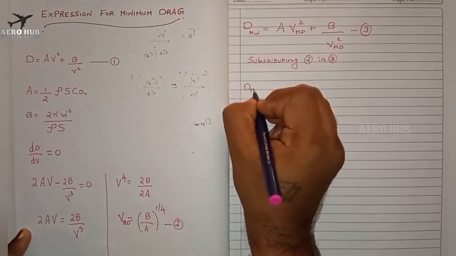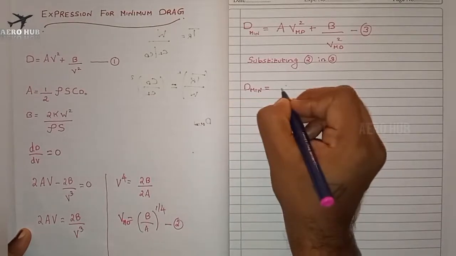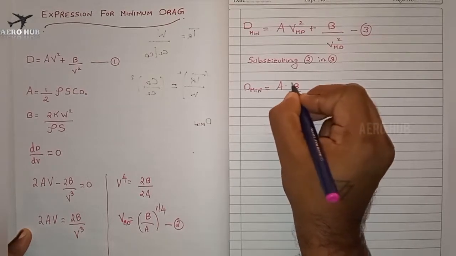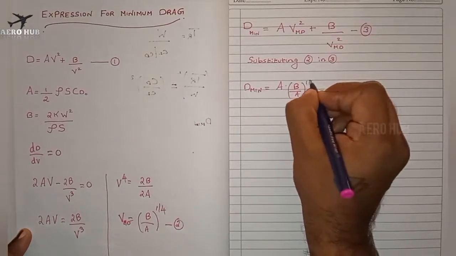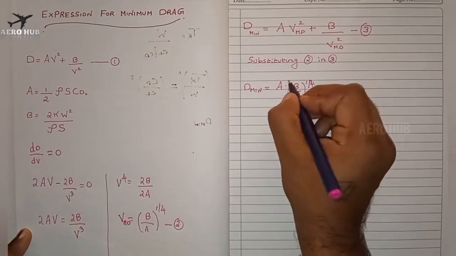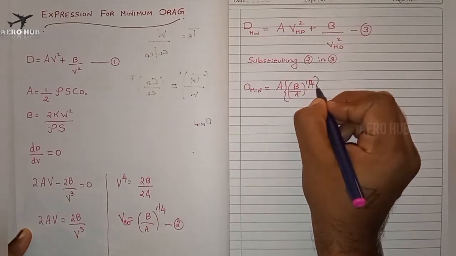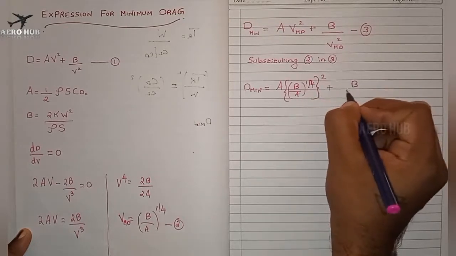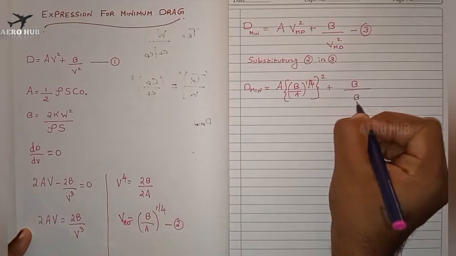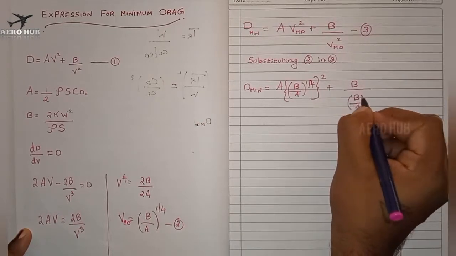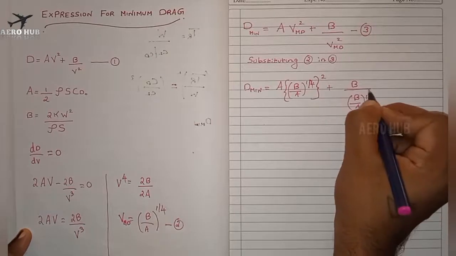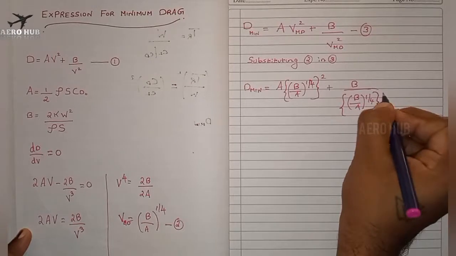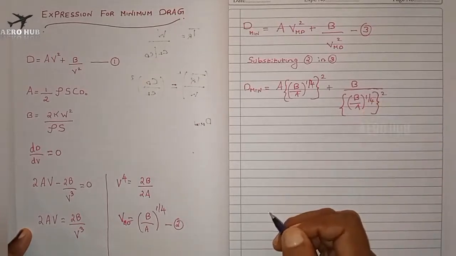I can write D minimum is equal to A into (B by A) the whole power 1 by 4, whole squared, plus B divided by (B by A) the whole power 1 by 4, again squared.